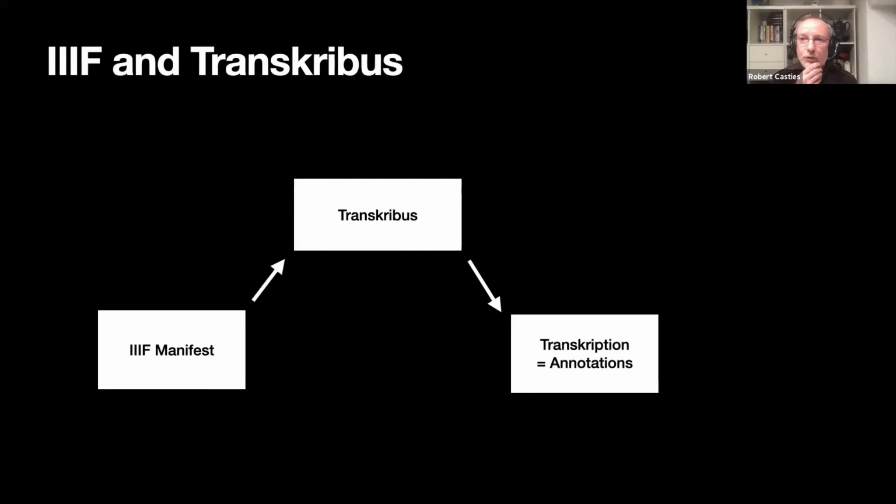So my point of looking at it is bringing together IIIF and Transkribus for me, and also, as Christoph mentioned, is mostly that we already have these image resources in the form of IIIF-Manifests. It is already possible to import them into Transkribus, and then you can do whatever you can do in Transkribus, which is a lot of things, as we have seen.